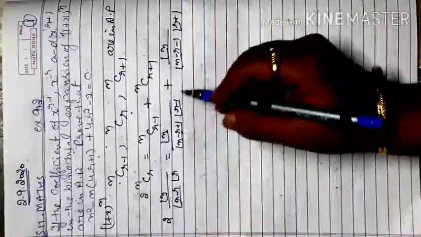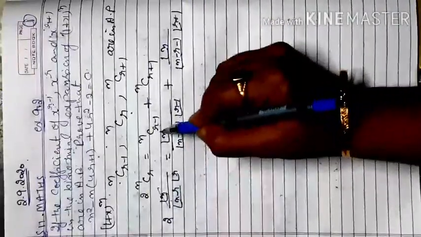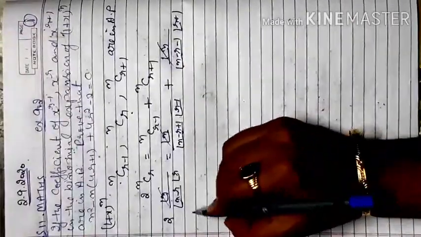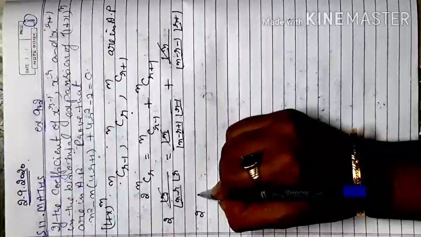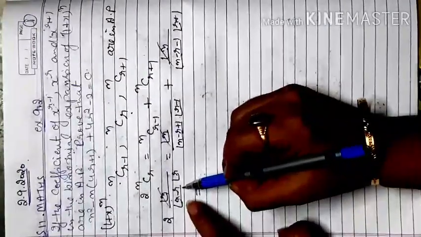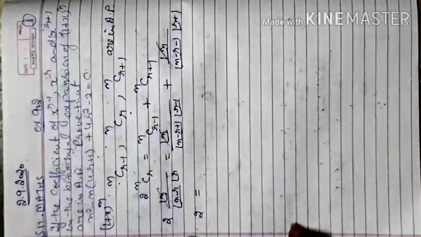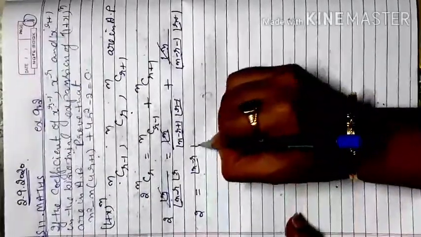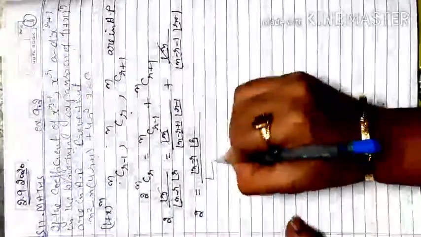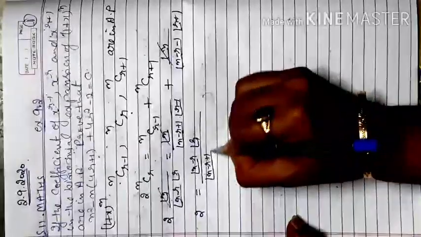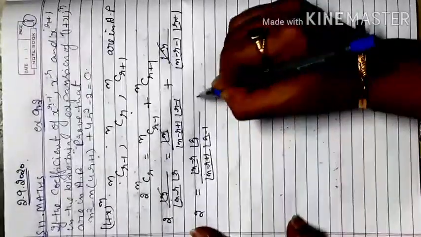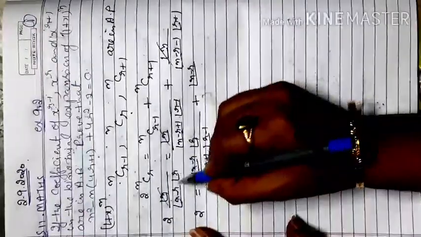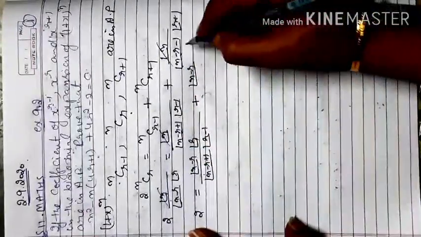Now if you look at all the terms, factorial n is common in all the terms, so I directly cancel factorial n. So 2 is kept as it is, and this denominator is cross multiplied with the right side. So that becomes n minus r factorial, n minus r plus 1 factorial, r minus 1, plus again factorial n minus r minus 1 factorial, then r plus 1, because I multiply this denominator with all the terms on the right side.